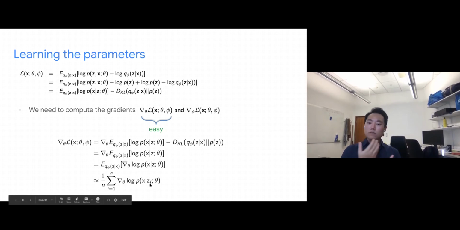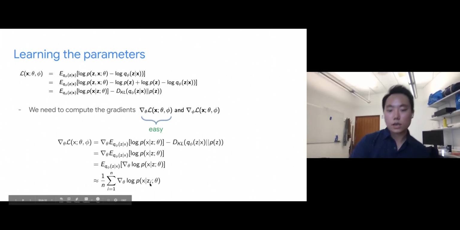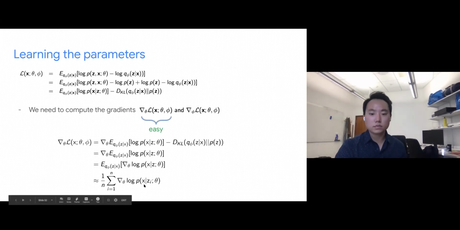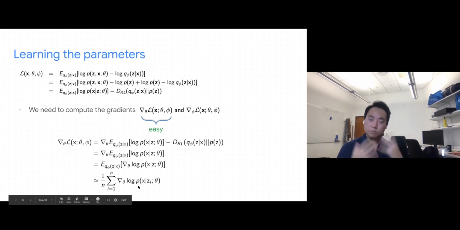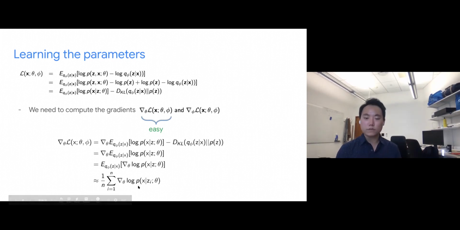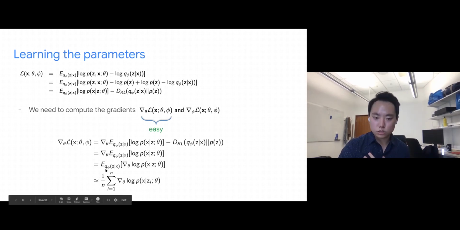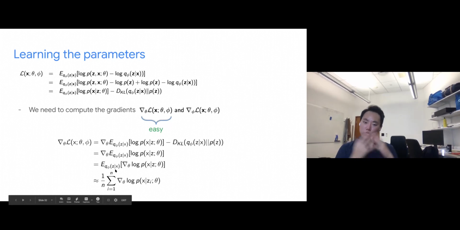For each of these latent variables z, I'm going to use it to predict my data x using my parameters theta. Then I'm going to try to maximize the log likelihood of being able to reconstruct data from these latent variables that came from the distribution corresponding to q. So I can change this expectation over q into a sample average. So this is easy.